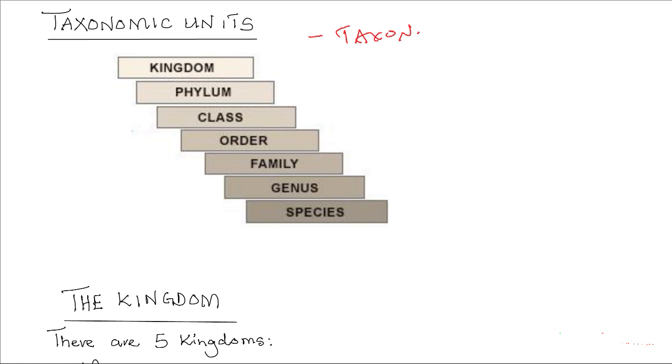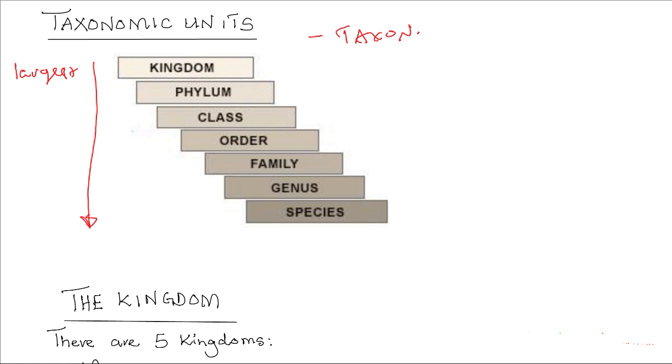These taxa are arranged in order, starting from the largest to the smallest. So this is the largest up here. The largest taxon is a kingdom. Within the kingdom, there is such a large variety of organisms, and then each kingdom is divided into smaller units, and the smaller unit is further divided into even smaller, so it goes on and on.